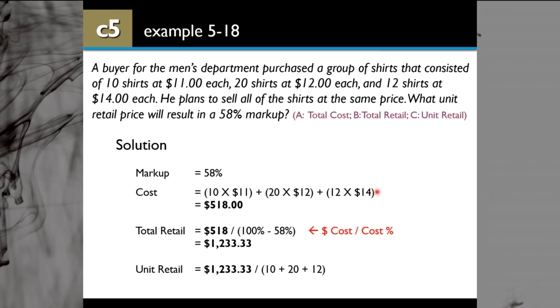So that's 1,233.33 divided by 42. Then you will get $29.37. So at least you need to sell these shirts at $29.37 to keep that 58% markup.